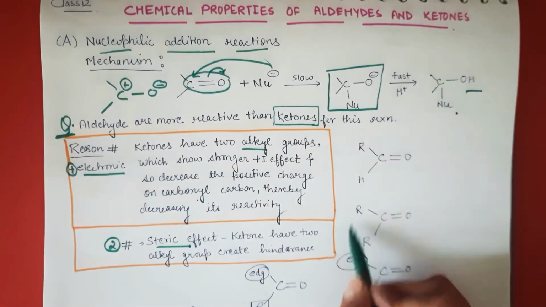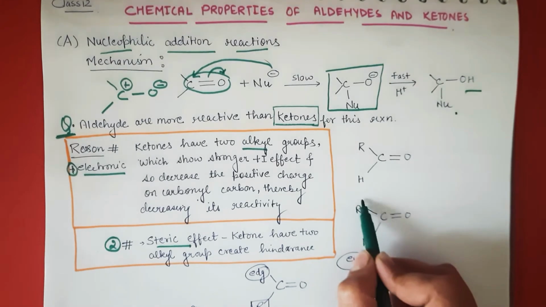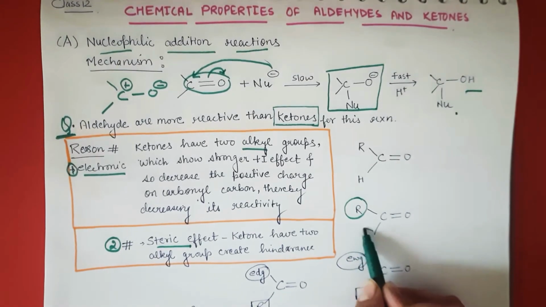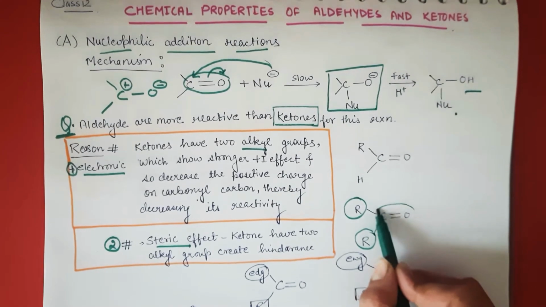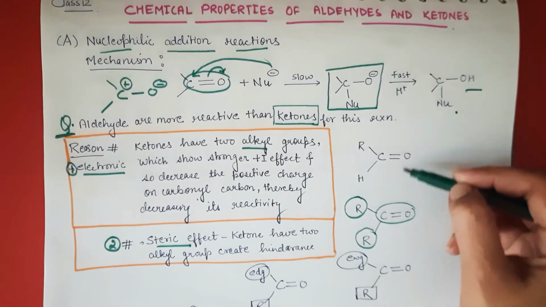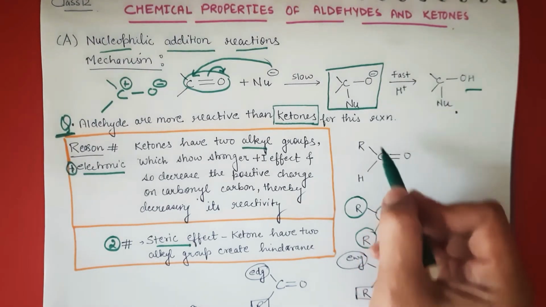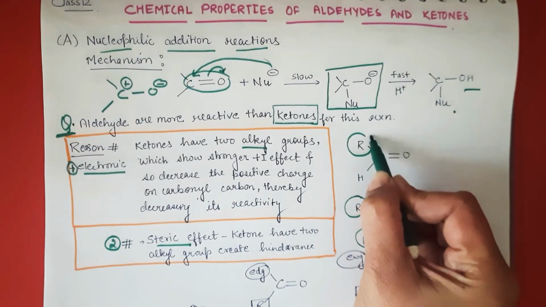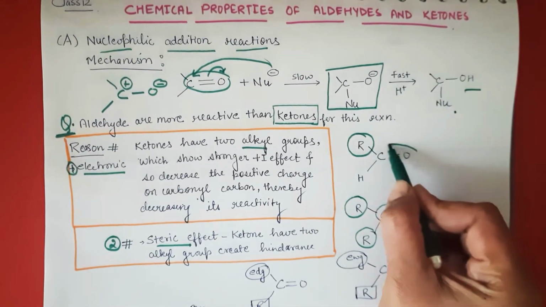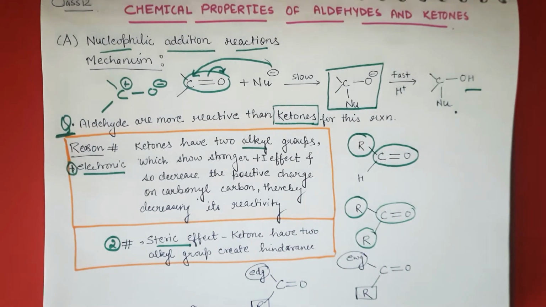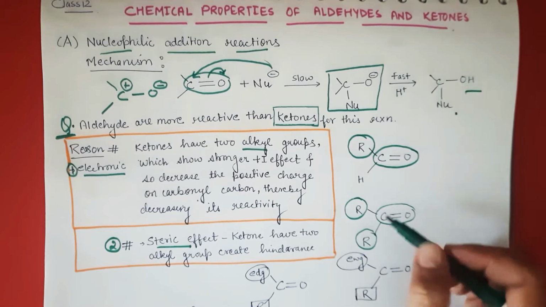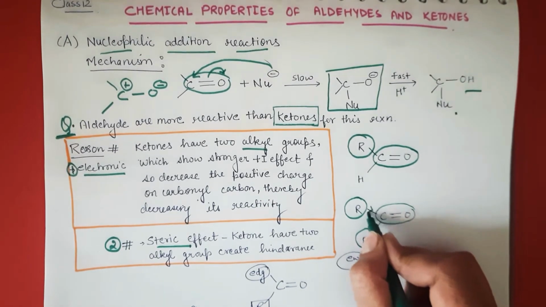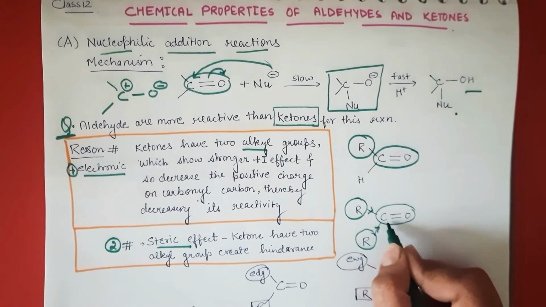Here you can see a structure of ketone in which 2 alkyl groups are here and 1 carbonyl carbon is here. And if we compare it with aldehyde, here you can see only 1 alkyl group besides the carbonyl carbon. So this creates more electron density on carbon.